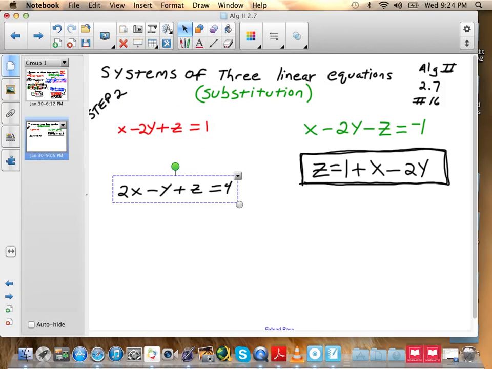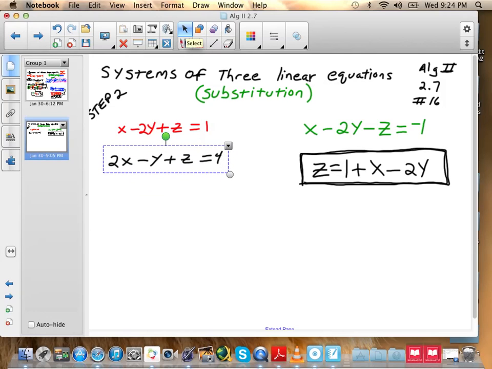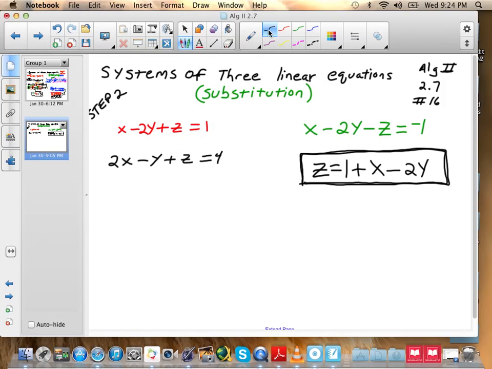Okay. So we're going to go with the black equation now from our original three equations. And when I write this, I'm going to say 2x minus y plus, now this is where we've got to make our move, right?